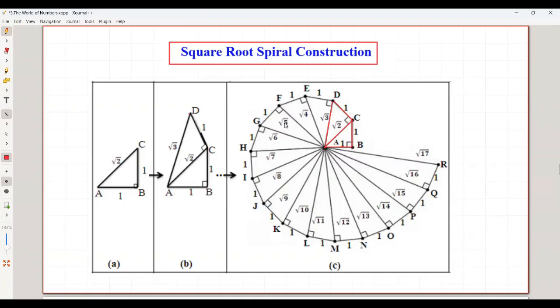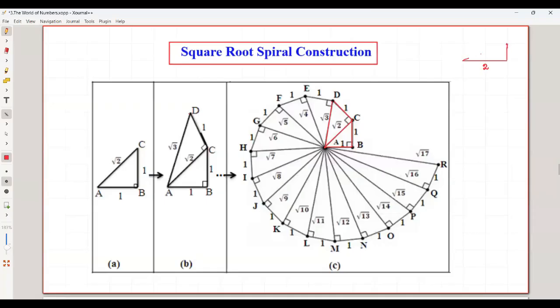One by one, step by step, you can just construct. Other way also is there. For example, if you want to construct root 5 on the number line, you can just apply the Pythagoras property. How to get root 5? If I take root 5, I can just take here 2 units, and here 1 unit.